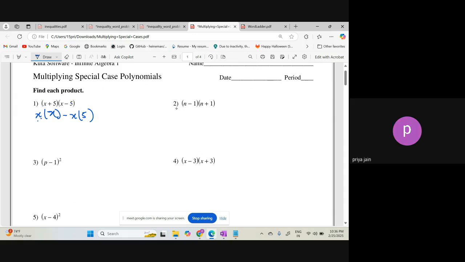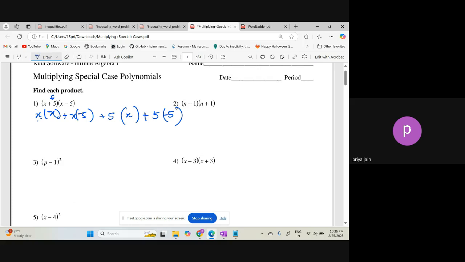Now you take 5 with the sign. So it's going to be plus 5 times x, then minus over here and 5 times 5. Or if it's confusing, we can keep them as plus, minus over here.